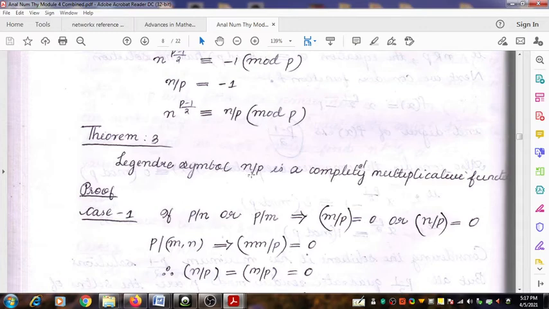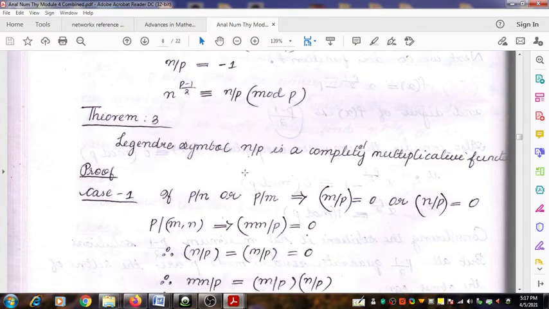In order to prove this, we select any two natural numbers m and n, and then we have to show that the Legendre symbol of m into n bar p is equal to the Legendre symbol (m bar p) into the Legendre symbol (n bar p). That can be done by dividing the entire proof into different cases.